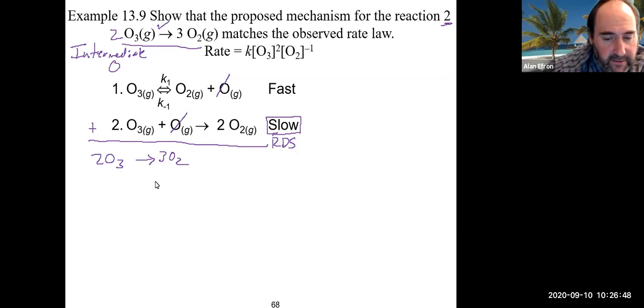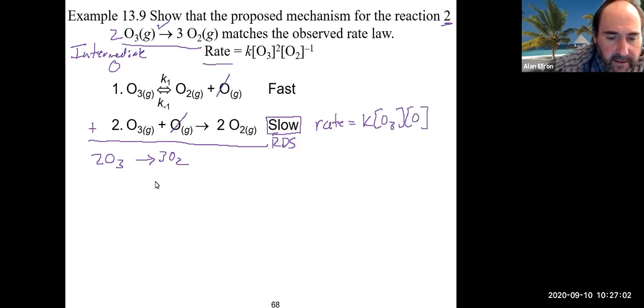So if we write the rate law for this slow step here, we would say that the rate is equal to K times O3 times O. And again, we want to compare that to the one that was found experimentally.